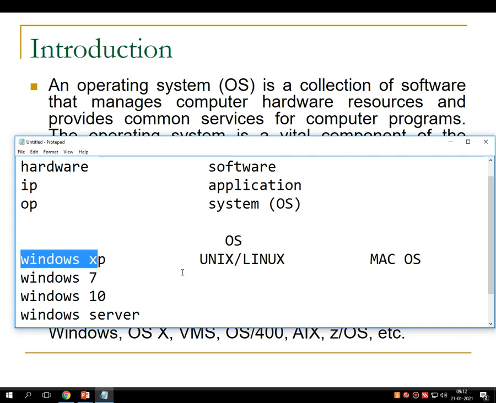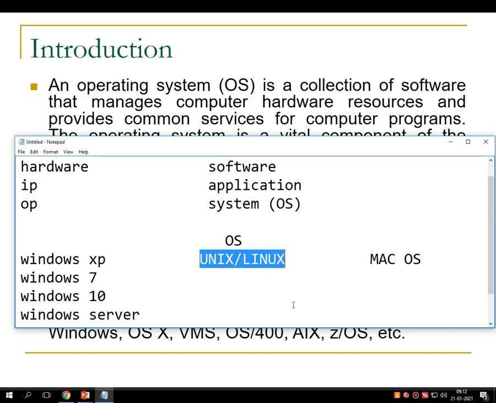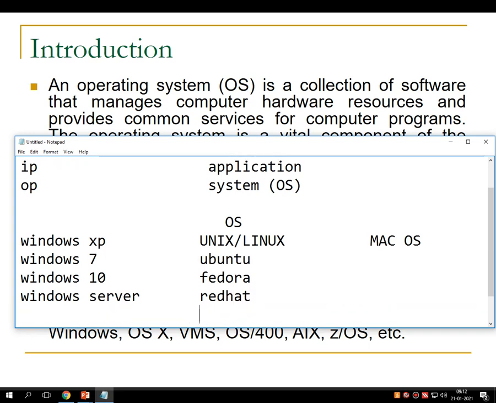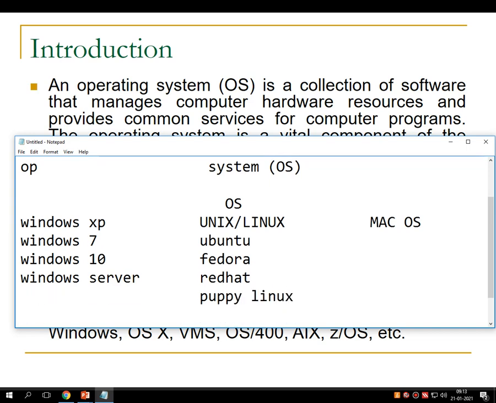This particular subject focuses on Linux and Unix. Even Linux and Unix contain many types of flavors like Ubuntu, Fedora, Red Hat, Puppy Linux, etc. Many flavors are there.